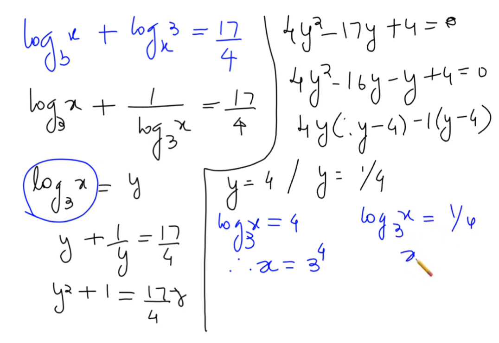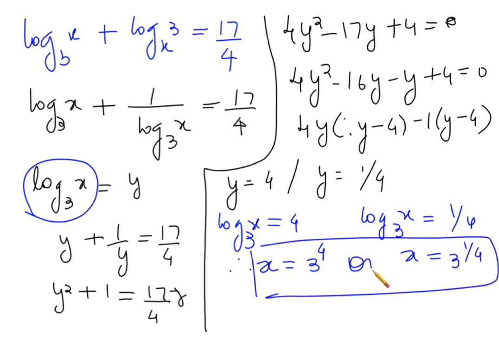So I can say value of x equals to 3 raised to 1 by 4. So either the value of x is this or value of x is this. Okay, so I hope you are understanding how to solve these kind of questions. Trust me, this was a PYQ.